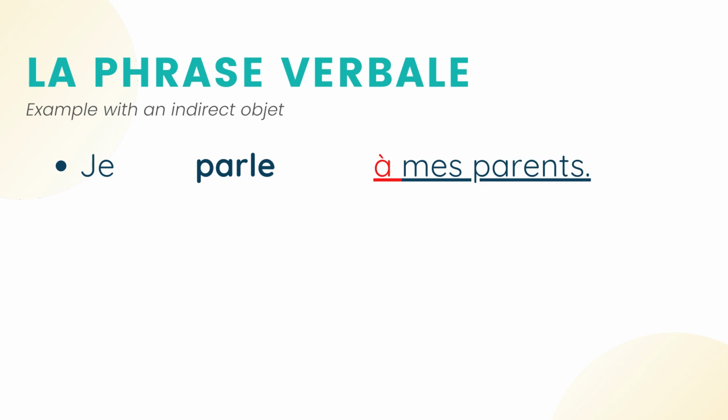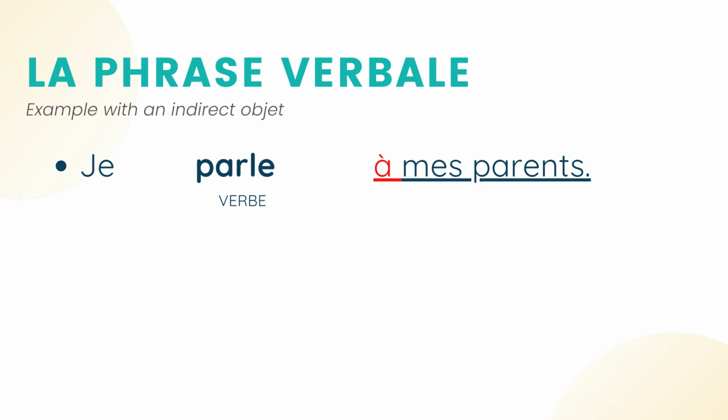So this is another example of phrase verbale with an indirect object. This is the most important part of the presentation of today. So, first thing first, before you rush to find the indirect object, go back to the basic. First thing first, phrase verbale, my first thing to do is to find the verb. Parle. D'accord?